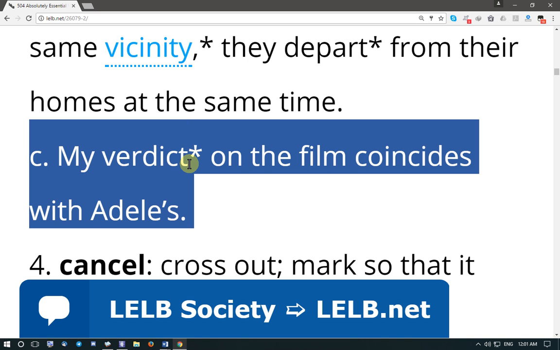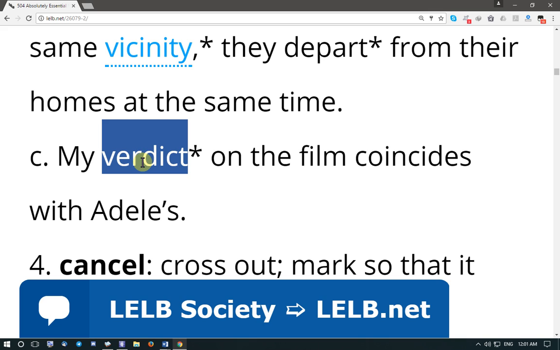Now, sentence C. My verdict on the film coincides with Adele's. My verdict on the film. Verdict has some other meanings, but here it means explanation or account. For example, you watch a film and then you explain it to your friends.